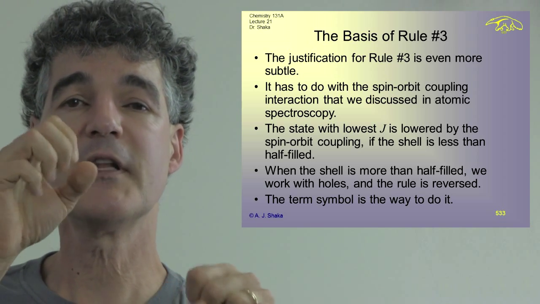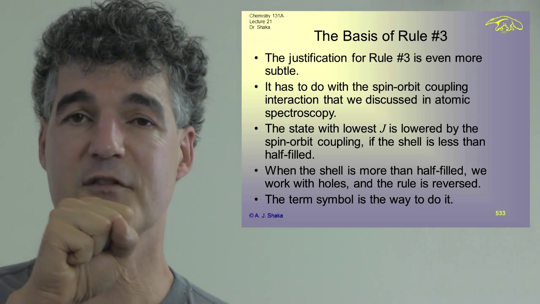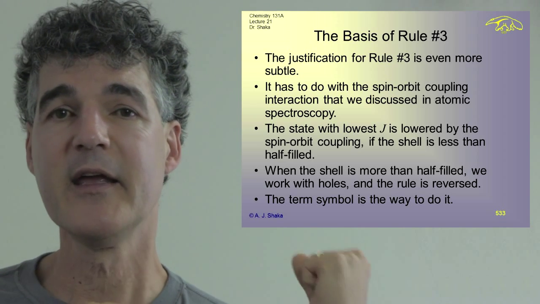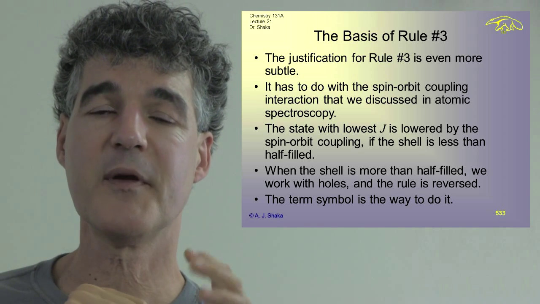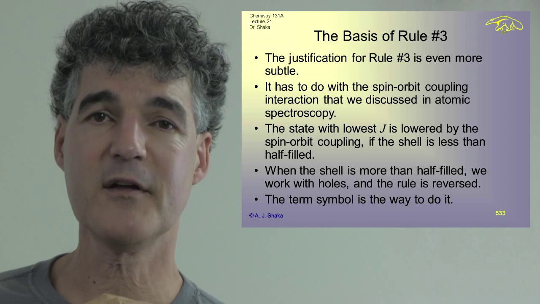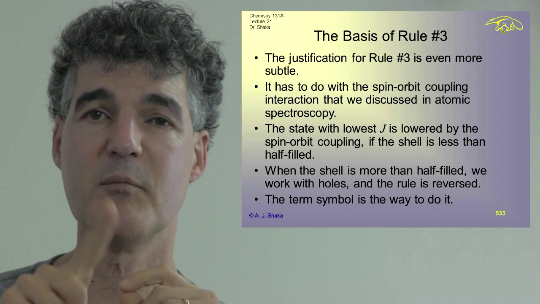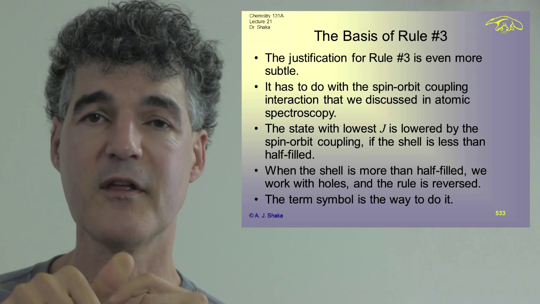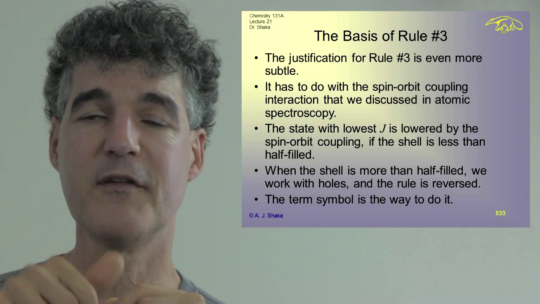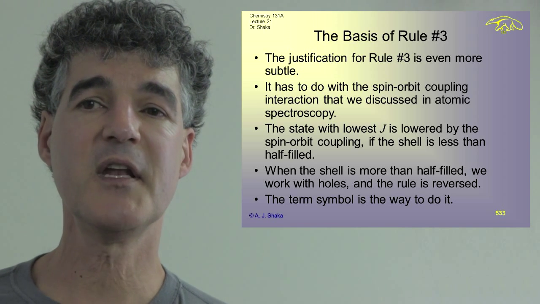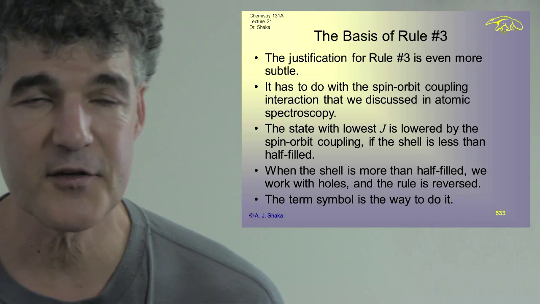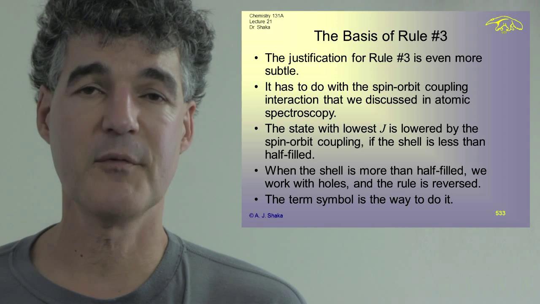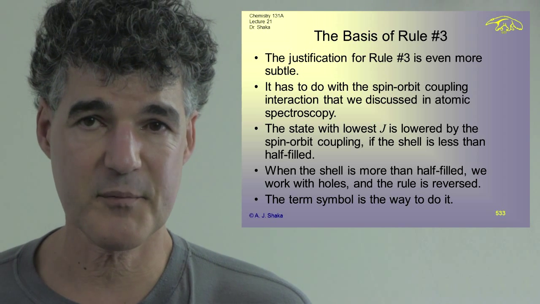We imagine the nucleus from the perspective of the electron going around the other way, and that looked like a current loop, and that created a magnetic field that acted on the magnetic moment of the electron. The electron could either be aligned with or against the magnetic field, and we called that the spin-orbit coupling interaction that we introduced when we talked about atomic spectroscopy.